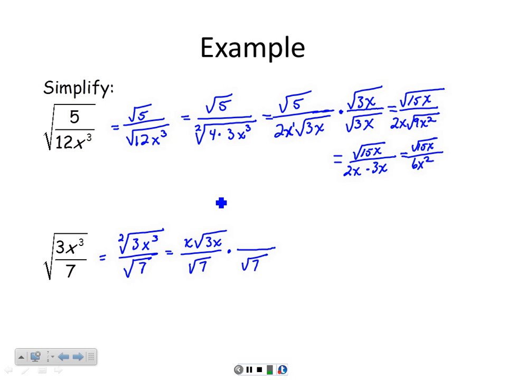So if I multiply by square root of 7, I'm going to get the square root of 49. That's a perfect square. So top and bottom. So we're going to have x times the square root of 21x over 7 times 7, which is 49. So if we keep going, we're going to have x over the square root of 21x over 7. And that will not reduce again because this is a radical. This is practically a decimal, actually, and this is a whole number, so those will not reduce.